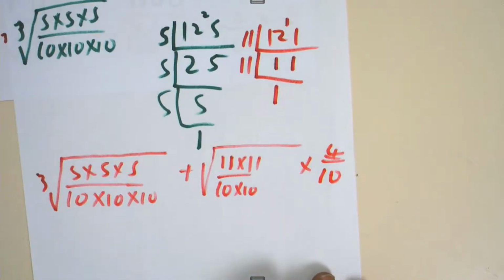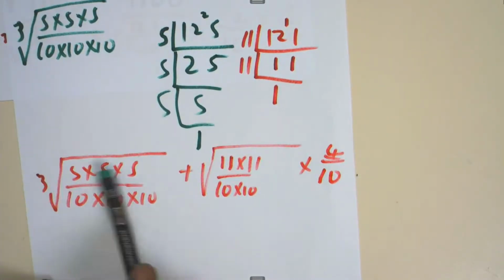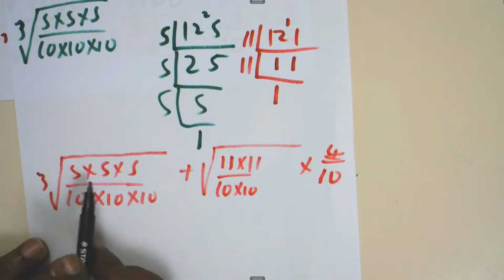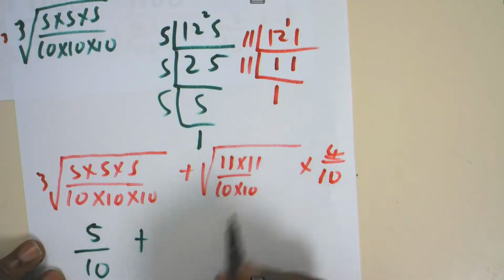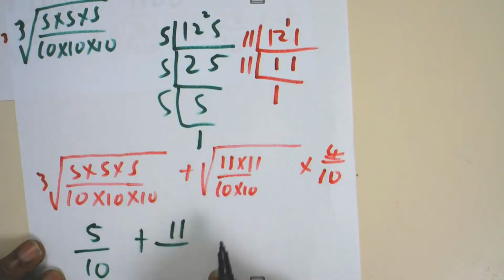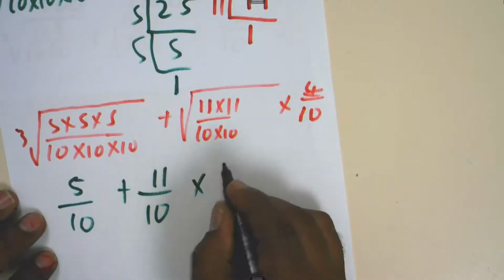Remember, according to BODMAS, we have to work the powers out first. But we now understand what a cube root makes. What makes 125 a cube root is your 5. What makes your 1,000 a cube root is your 10. What makes your 121 a square is your 11. What makes your 100 a square is a 10. Multiply by 4 over 10.